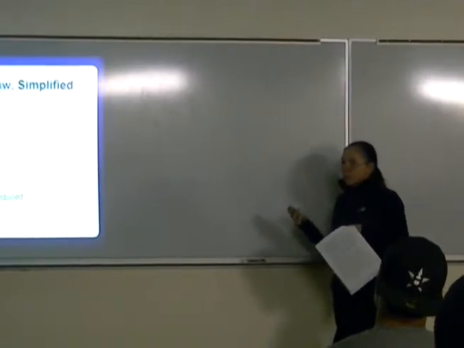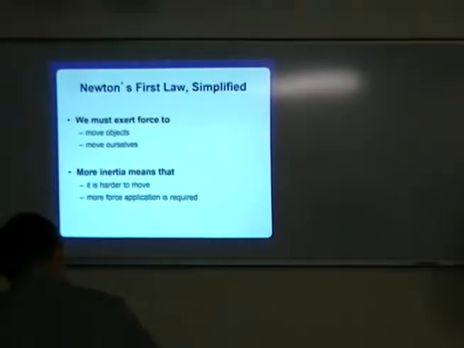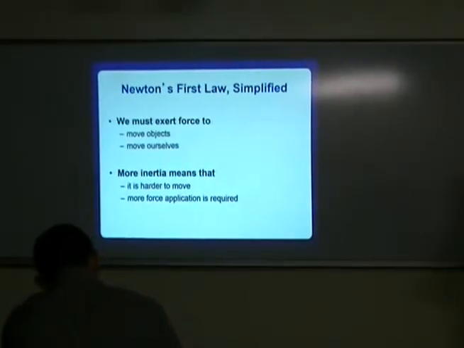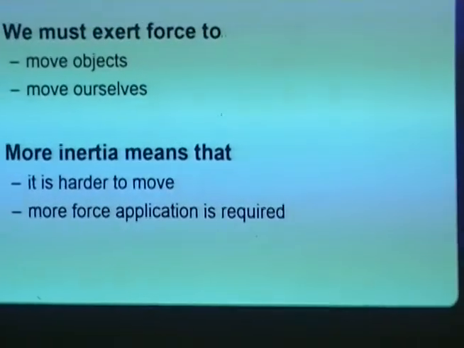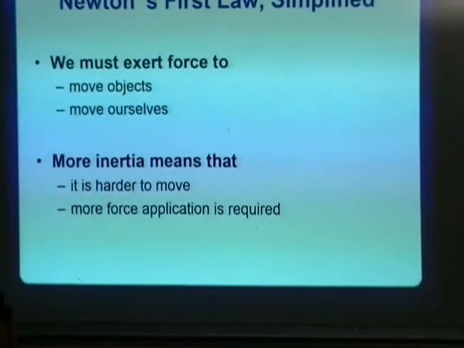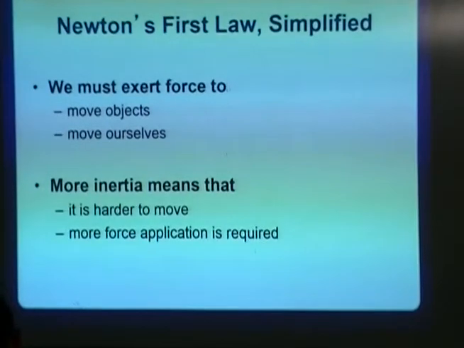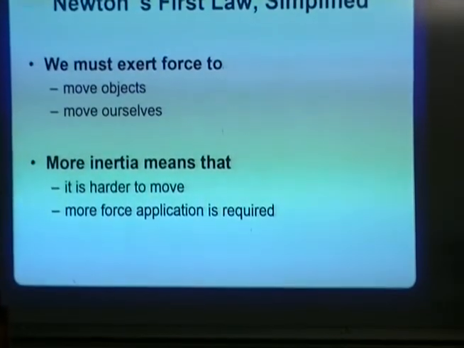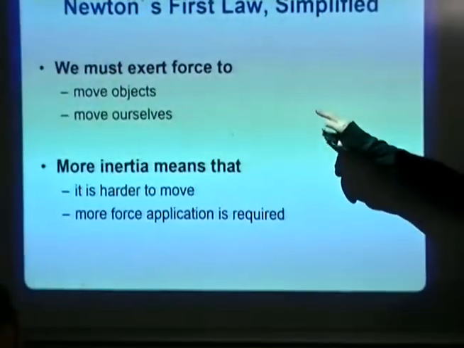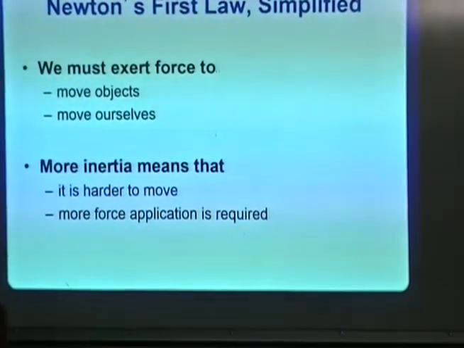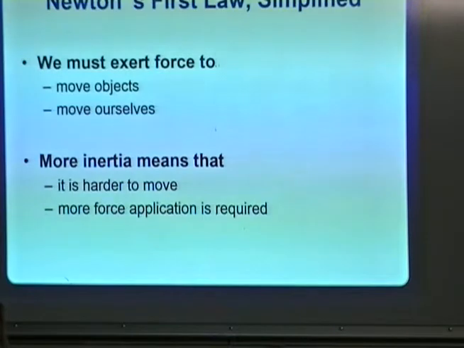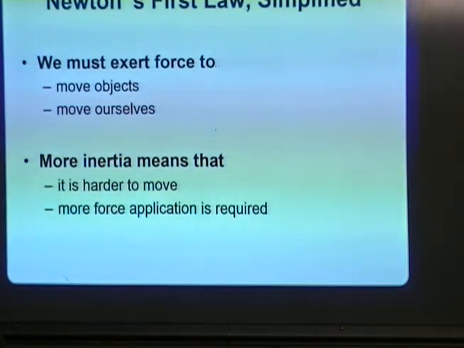So if we look at the first law, we have to exert a force. That means we have to produce the force in the first place, which comes back to the physiology. How much force can I produce? How strong am I? How fast am I? I have to exert force to move an object, to move myself, or to change my direction.